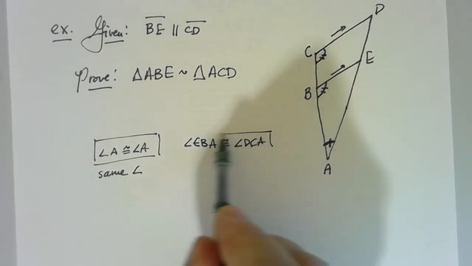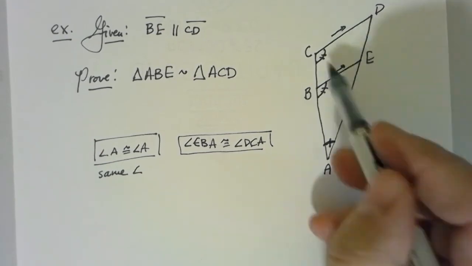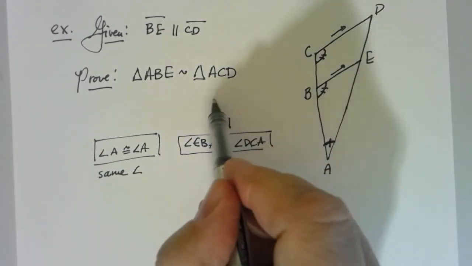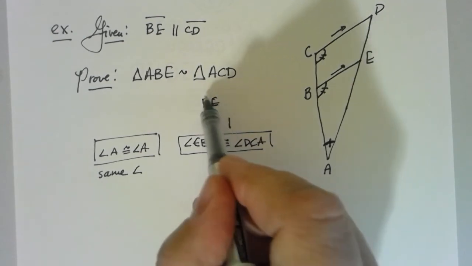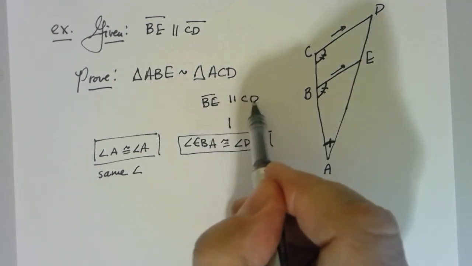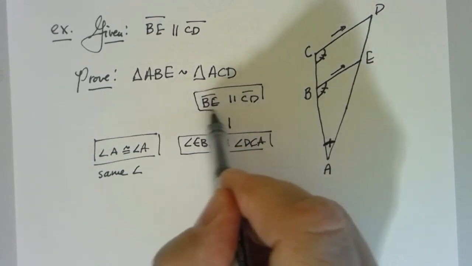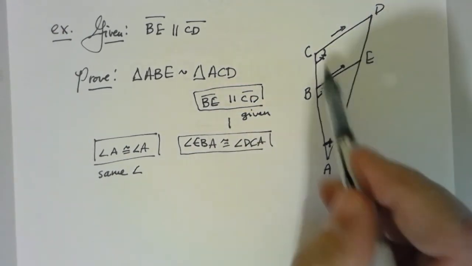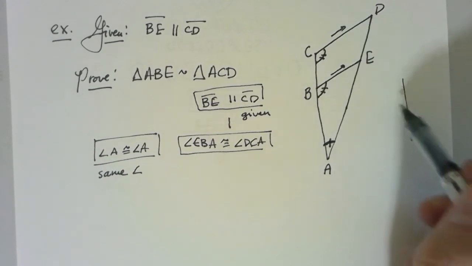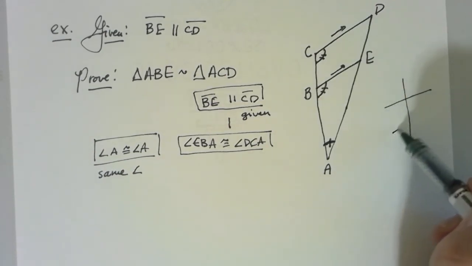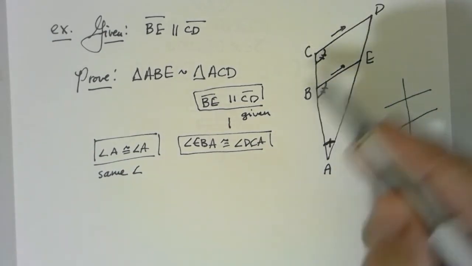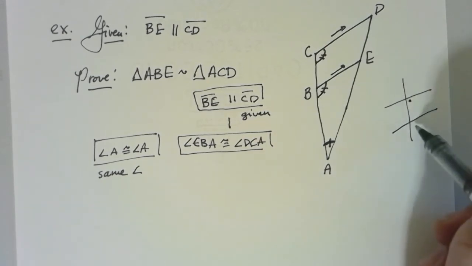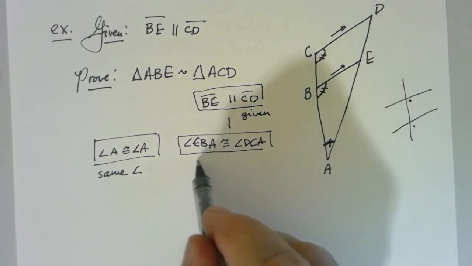When I use parallels to get congruent angles, I always like to put above it the parallels that I use, even though in this case it's pretty obvious because there's only one pair of parallels given. This is given, and then this is the corresponding angles position. Remember, if I complete the picture and draw the transversal here and both full lines, we're looking at this angle here and this one right there. So these are corresponding angles.